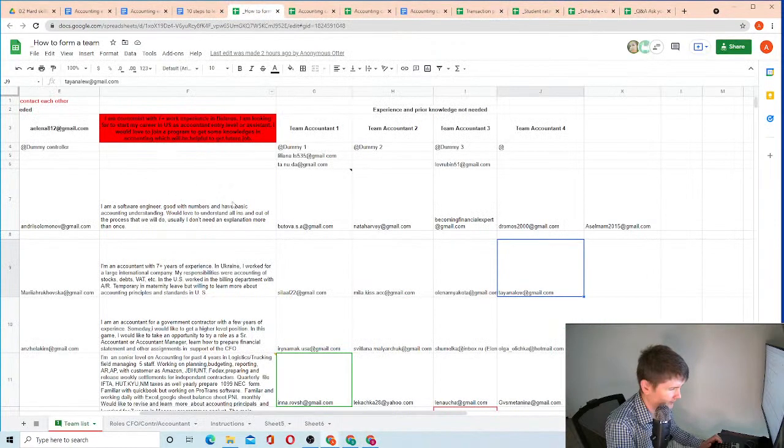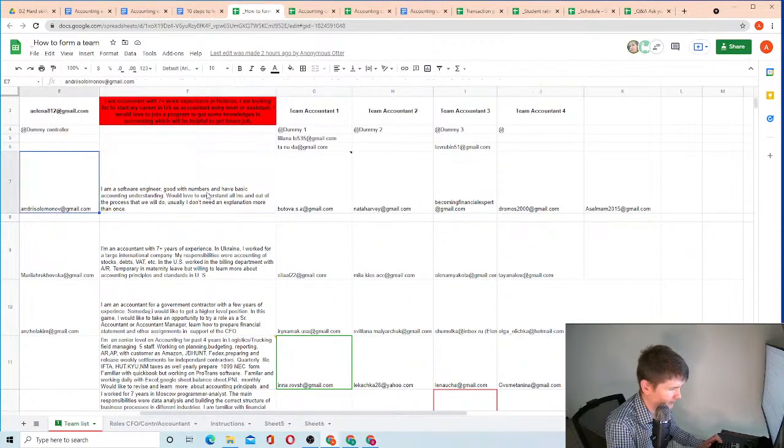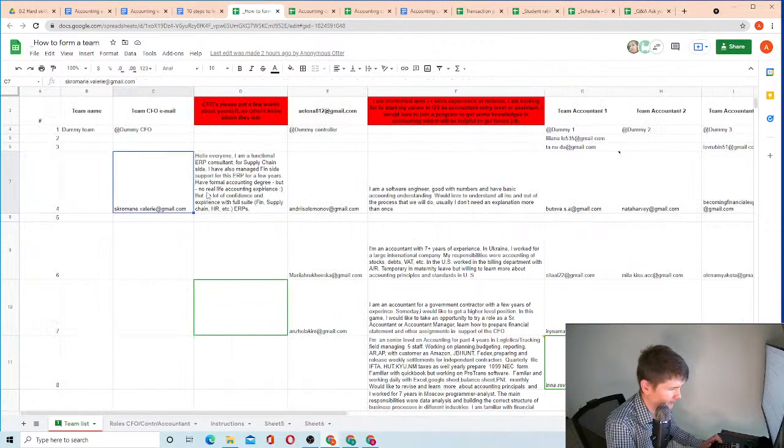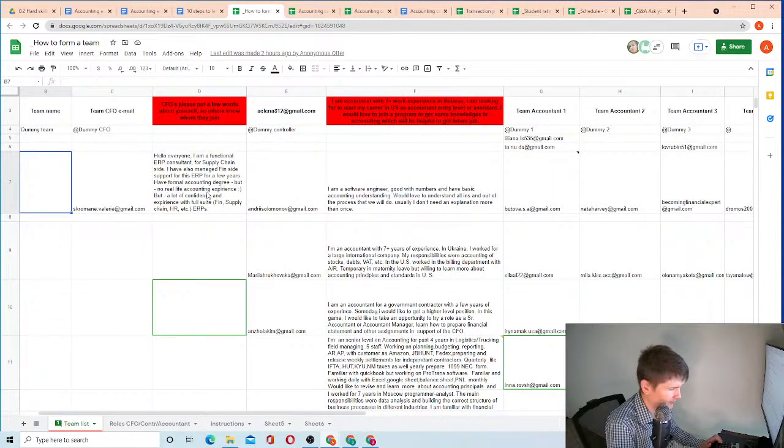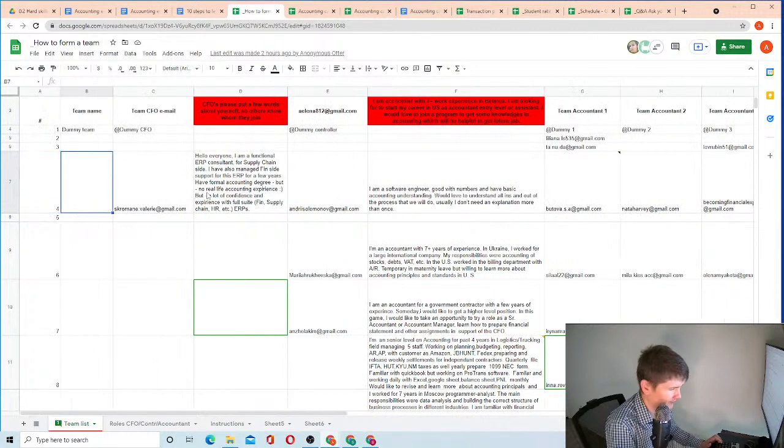Where is my team file? How to form a team. So for example, we have a first CFO here. Congratulations. So if you go to the file, team name, team number 4.